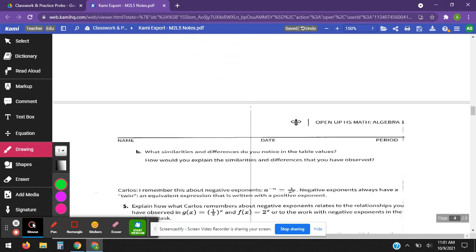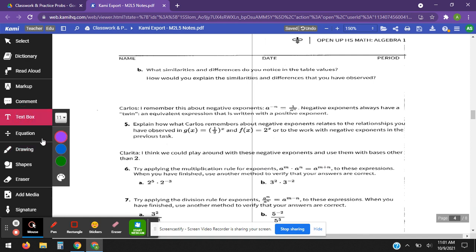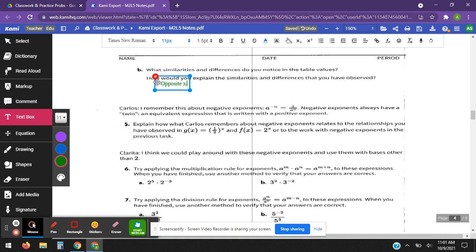So let's write this all down. I'm going to go ahead and put this together over here. How would we explain this? I'm going to say opposite x value answers are reciprocals. Okay. And then I notice that both have the point (0, 1).